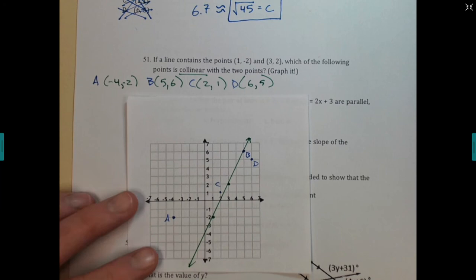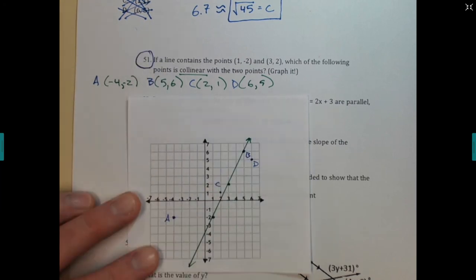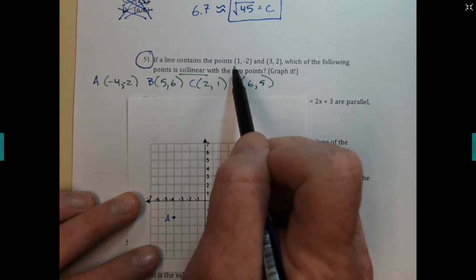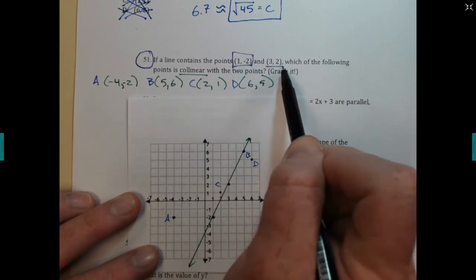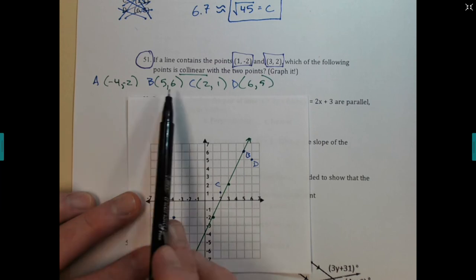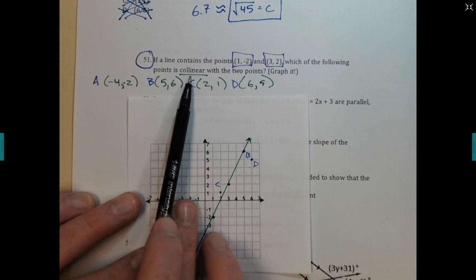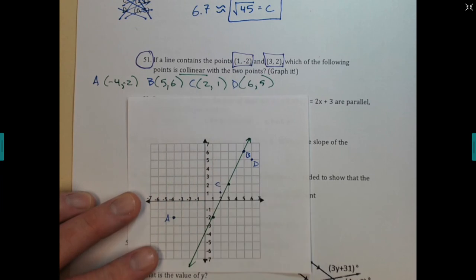Did you see that we're working on problem 51 here? Yeah. They gave us 2 points. I actually graphed those points on this graph. And they asked which of these points would be collinear with the 2 points that were given.